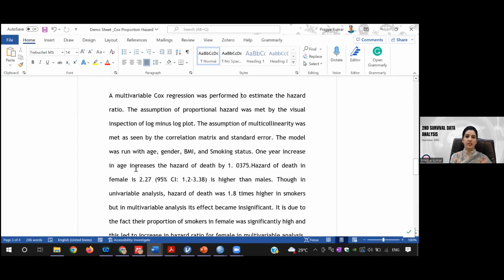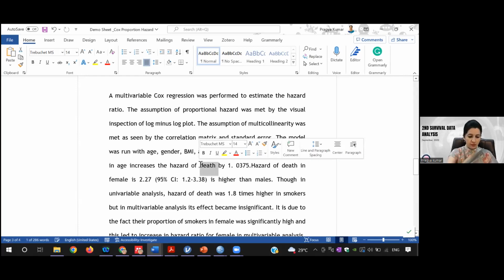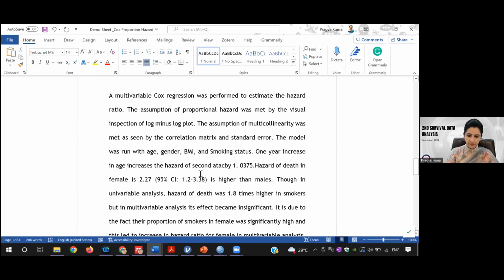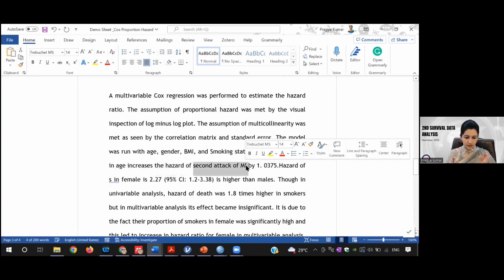A 1 year increase in age increased the hazard of death by 1 point. We have to write second attack of MI. It was not death, so I am changing it. It is the second attack of MI, and hazard of second attack of MI. I'll just copy this and paste it here.